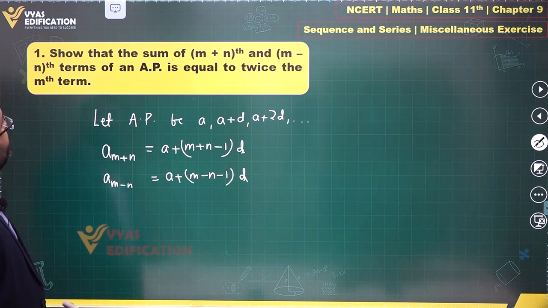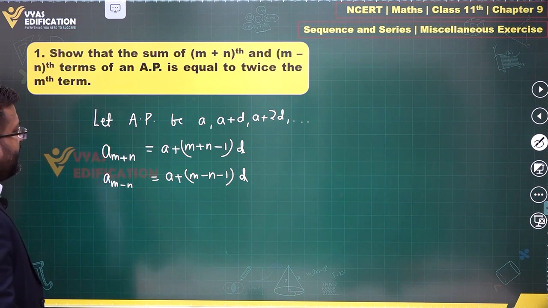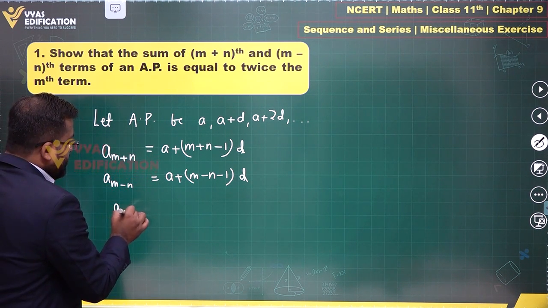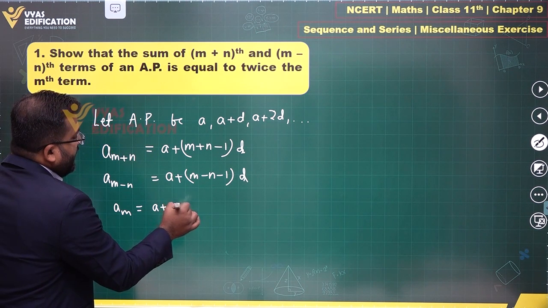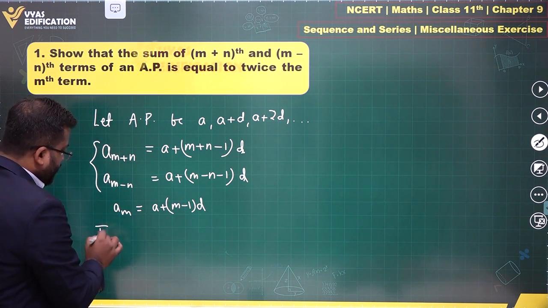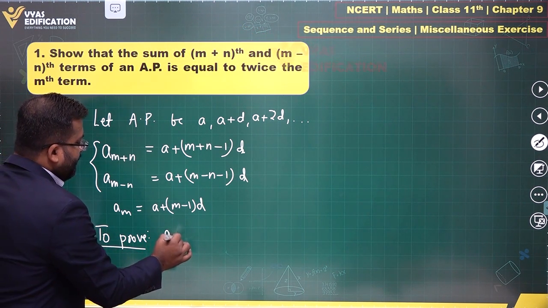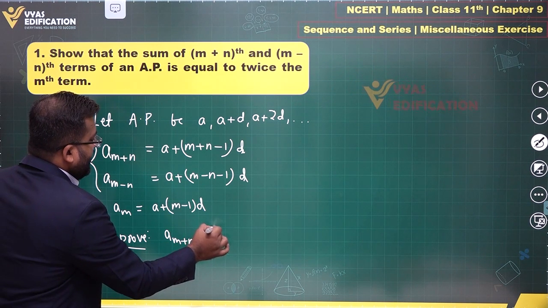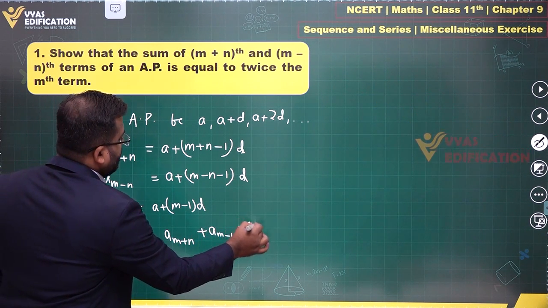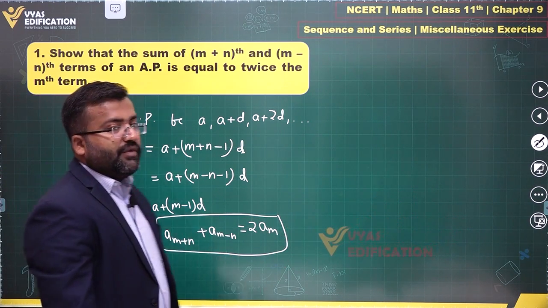This is what you have, right? Sum of these two terms is equal to twice the mth term. What is mth term? am is equal to a plus m minus 1 d. Okay, so we are supposed to prove a m plus n plus a m minus n is equal to twice a m. This is what we are supposed to prove.